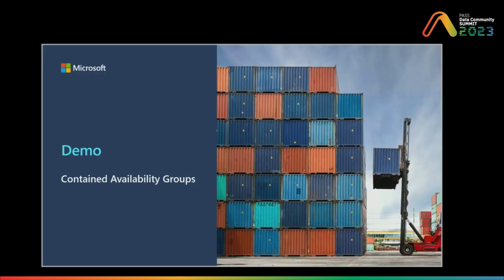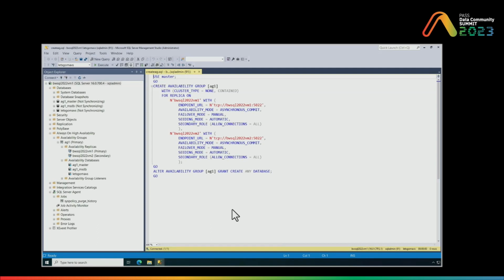So we have a quick demo on contained availability groups. Again, a quick recording here. We have a contained availability group defined here with 2 Azure VMs. You notice here, this is cluster type none to keep things simple, and then we're using the keyword CONTAINED to create this availability group.